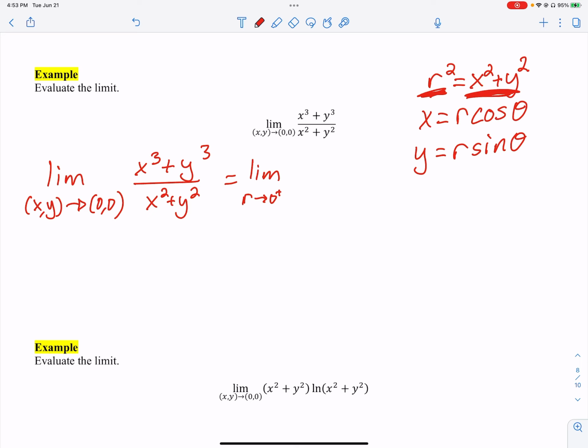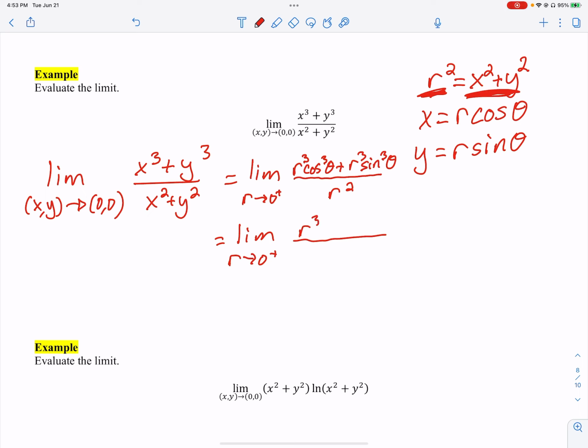So it's approaching 0, but only from the positive side. All right, so we make all the proper replacements. We get r cubed cosine cubed theta plus r cubed sine cubed theta, and then the bottom gets to be r squared. All right, we keep working this out. We get the limit as r approaches 0 on the positive side.